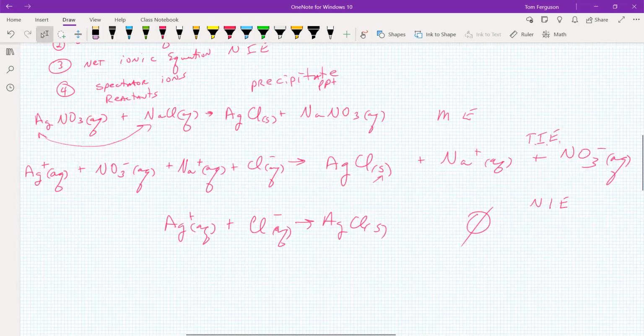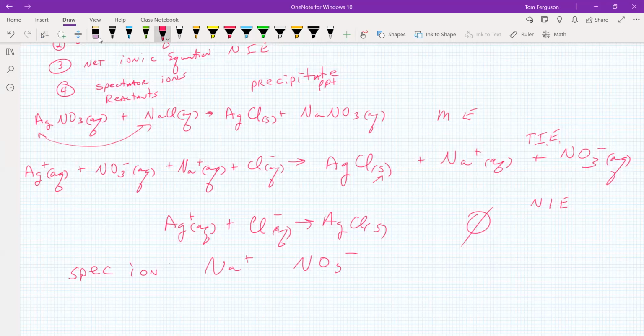And then we need to note spectator ions. Spectator ions in this case is sodium nitrate. So that's double replacement. So the details will get you on this thing.